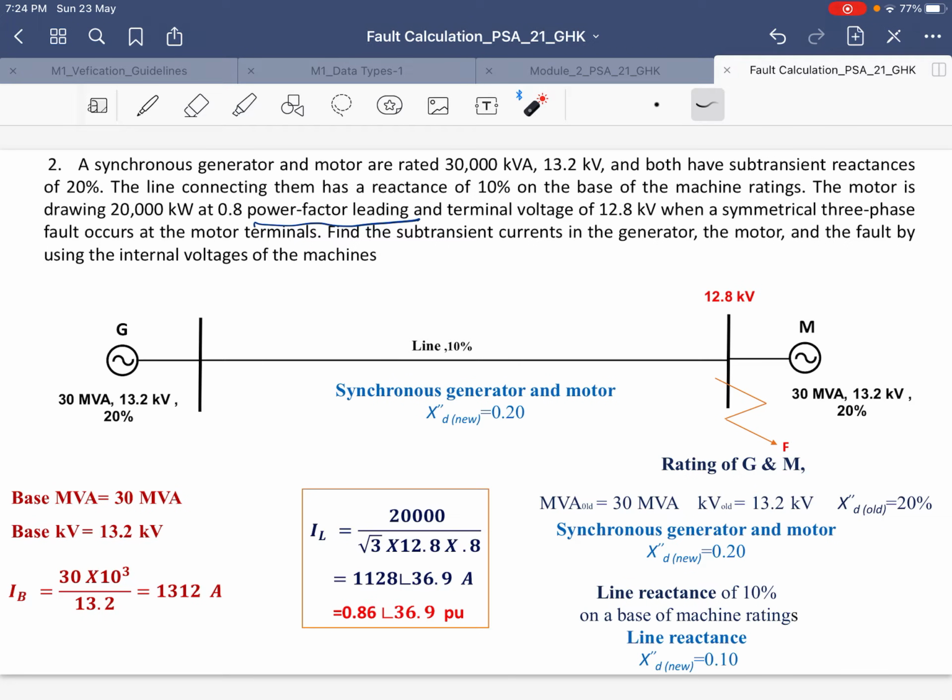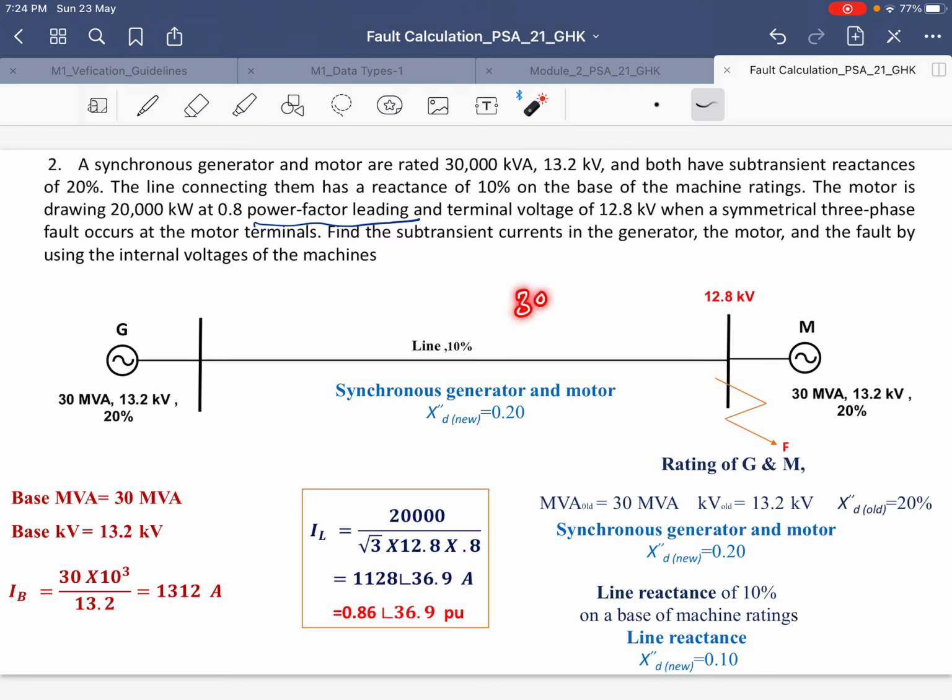Next, I am calculating the per unit reactances of all the components in the system. First, taking the generator, its rating is 30 MVA, 13.2 kV. It is given as 30,000 kVA, which is nothing but 30 MVA. The motor is also 30,000 kVA, therefore it is 30 MVA.